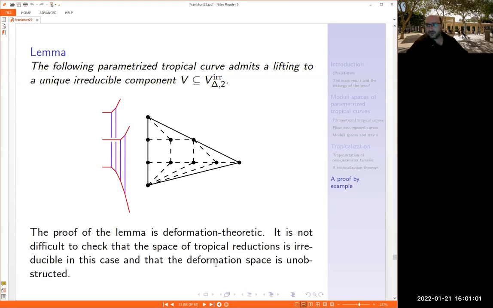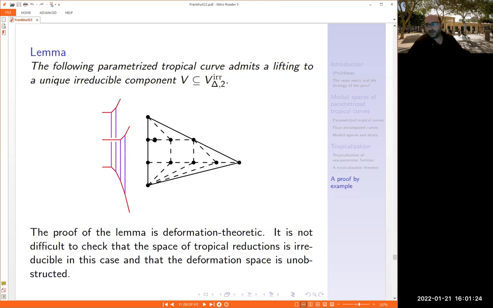And this is how the proof works. Okay, once you have these two ingredients, you can prove that there exists a unique component of the Severi variety to which such tropical curves admit a lifting. Okay, so this is the idea of the proof, but this is a very explicit lemma.